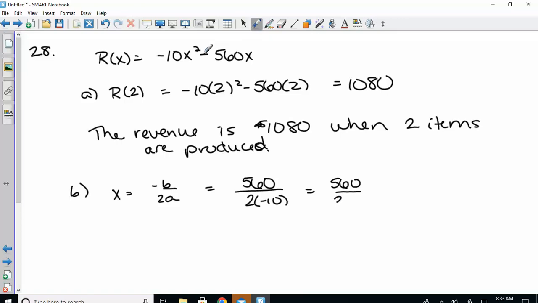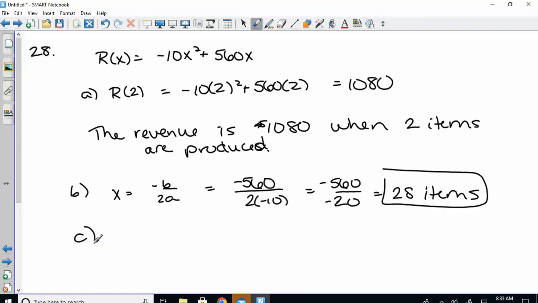Did I write down this problem wrong? And we get 28. So 28 items need to be produced.